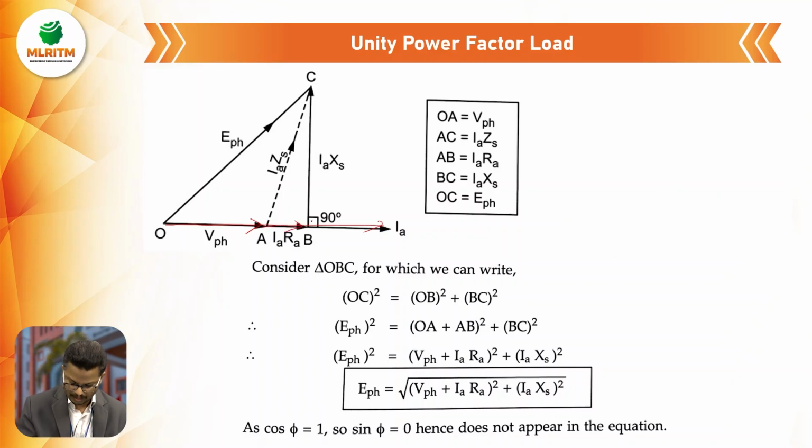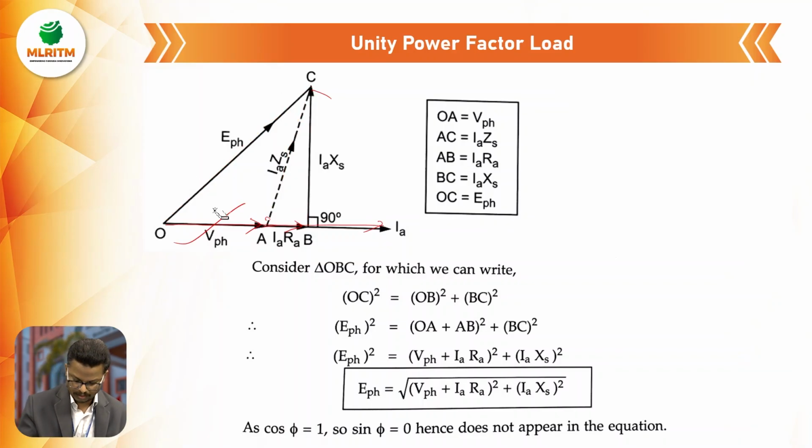For this IaRa drop, we draw a perpendicular line, that is IaXs, the reactance drop. The resultant is E phase, and the resultant of the two drops is the impedance drop, Ia Zs. This is the unity power factor phasor diagram.